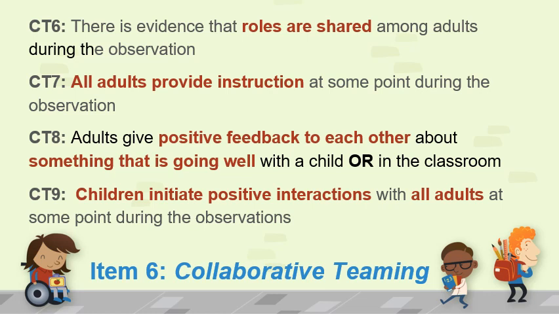CT7, all adults provide instruction at some point during the observation. So both the teacher and the teacher aide or assistant lead a small group, join in play, and have extended conversations at work time, except for therapists or other people that come in to do something quietly and leave, like say the janitor.